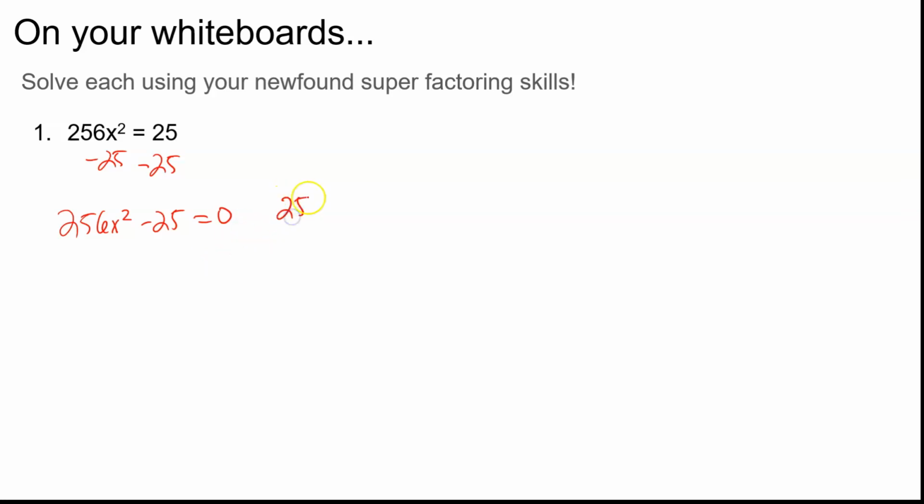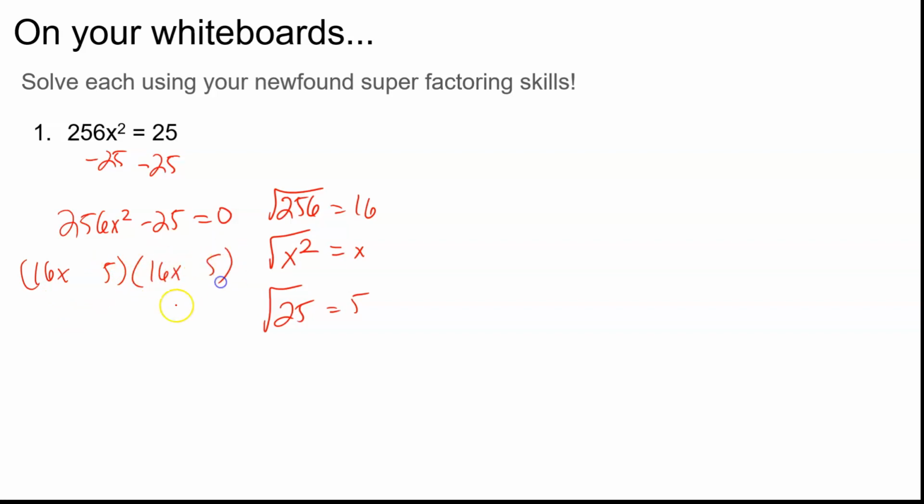So I'm going to take the square root of 256, the square root of x squared, and the square root of 25. And now I'm going to write my binomial factors. 16x and 5, and 16x and 5, equal to 0. Make sure one is positive and one is negative.